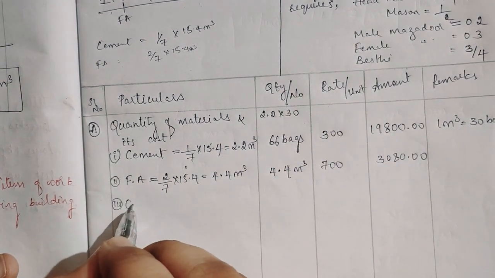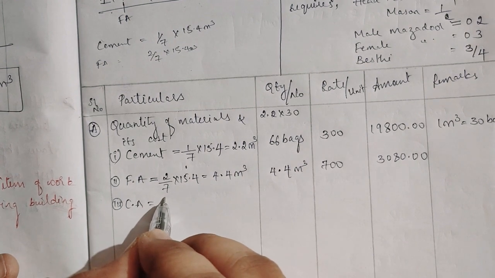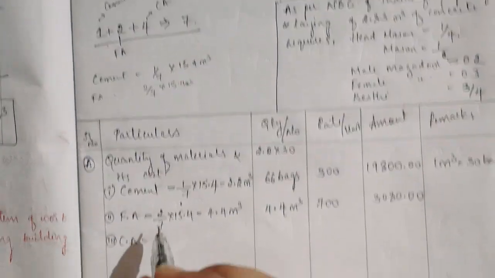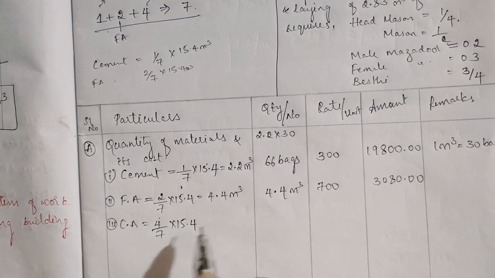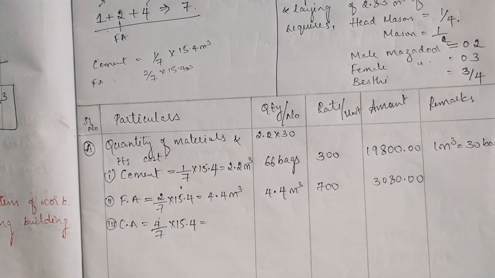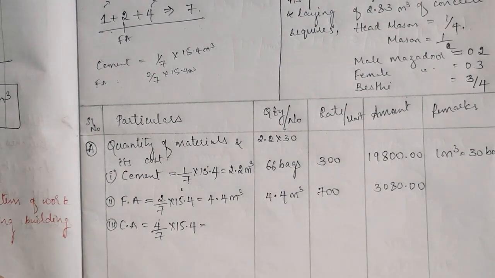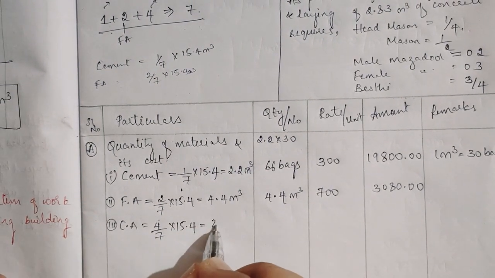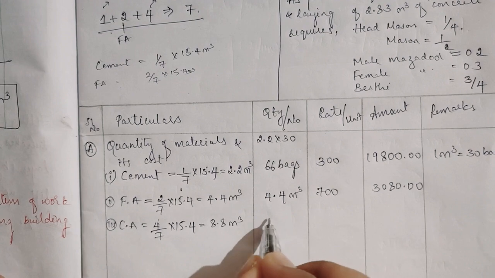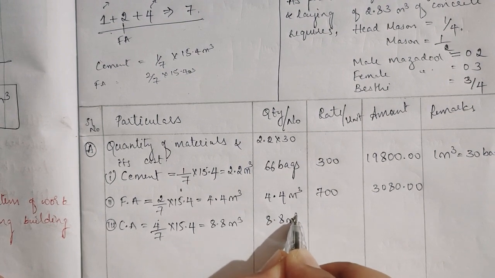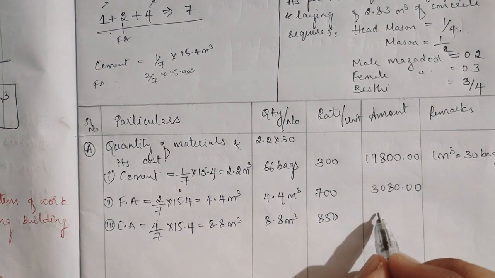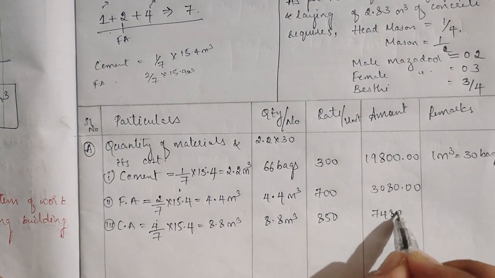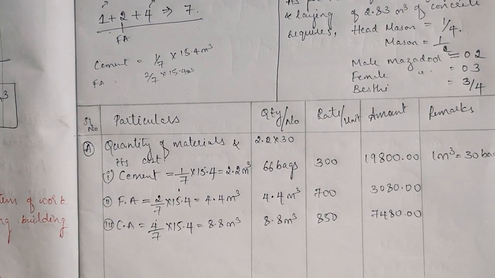Next is coarse aggregate. So what is the ratio? 4. So 4 by 7 into 15.4, which is equal to how much? 8.8 meter cube. Rate is 850, you can verify. Then 7480.00.